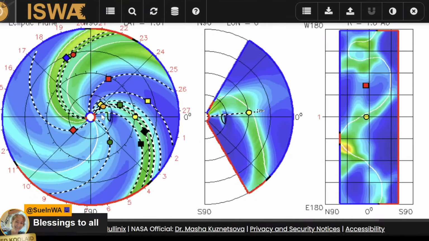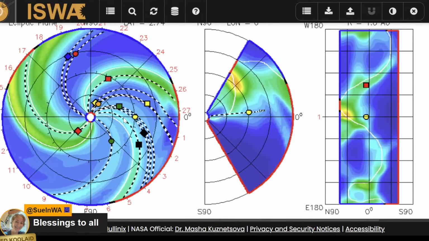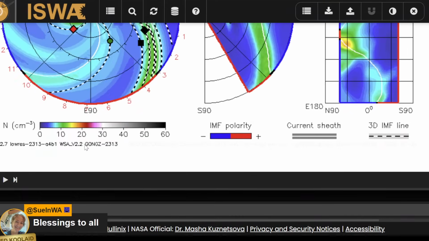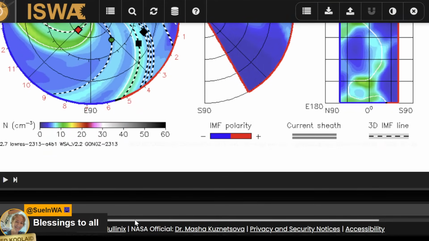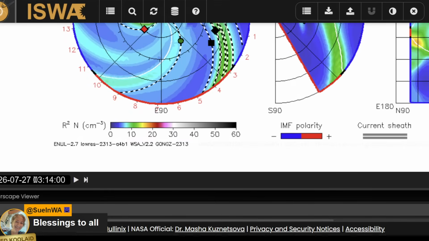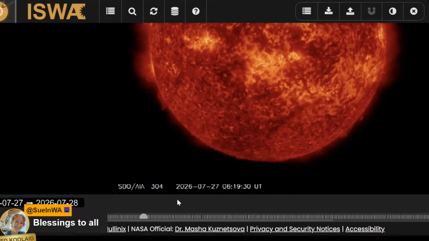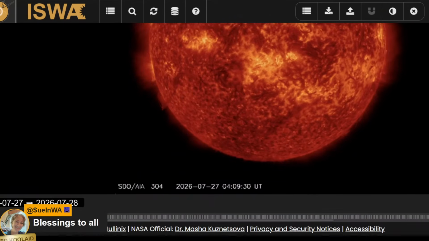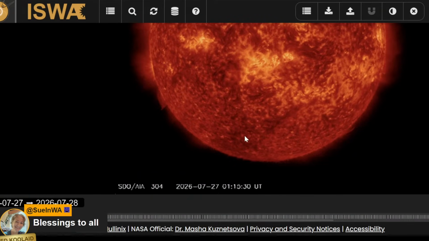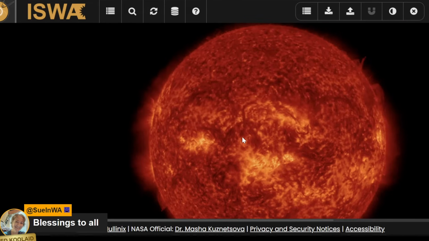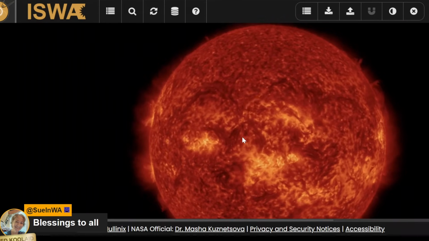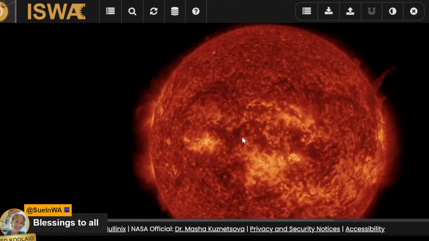Anyway, so you got this, and it's definitely coming right at Earth. You see this? This is from that filament I showed you. How do I know that? Because of the time frame. Let me see, 3 o'clock right there, 3 on the 27th. If we come up here and we just run it straight to the 3, or a little before and a little after, you'll see what I'm talking about. See it? Right there.